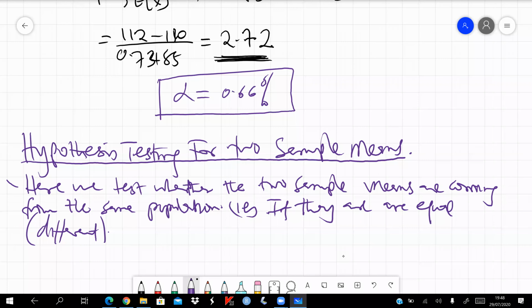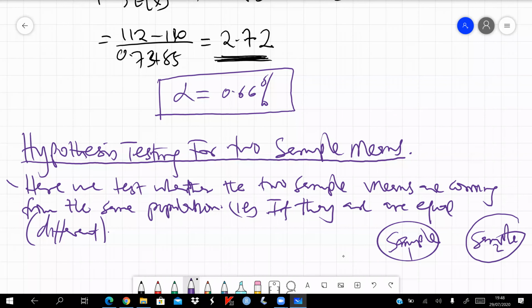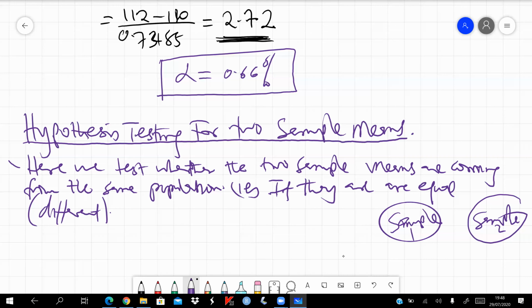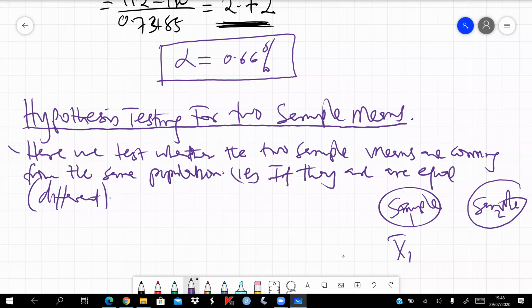So the theory is, if we have two samples here, sample one and sample 2. If you obtain X bar from this sample, let's call it X bar 1, then you obtain X bar from this sample, there's a possibility that these two samples are coming from the same population. Maybe the population is somewhere here.